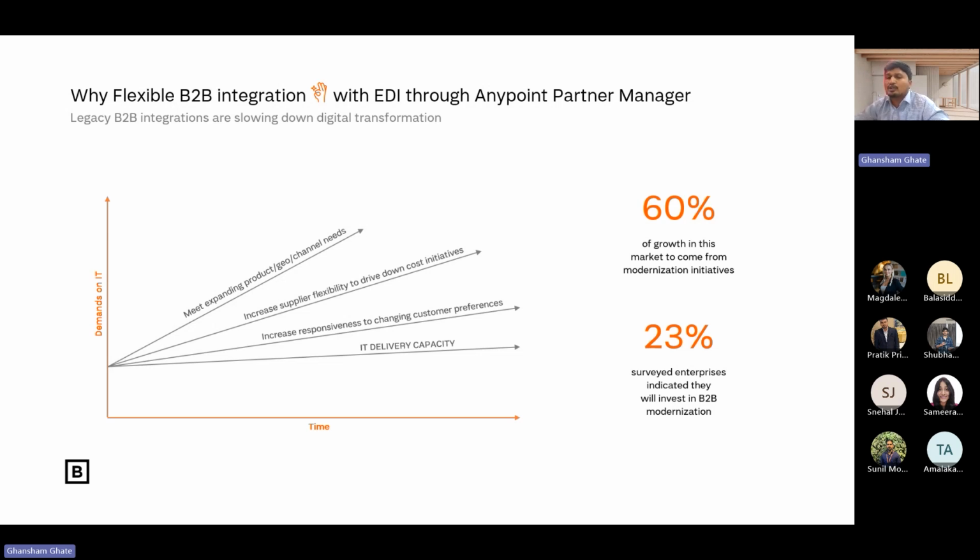We need a modern, flexible approach where, with a single platform, we can simplify the communication between partners, onboard partners faster, and manage all the transactions and visibility in a single platform. Then 23% of surveyed enterprises indicated they will invest in B2B modernization. So we see businesses are already showing interest in modernizing their B2B landscape. Now let's go to the next slide.